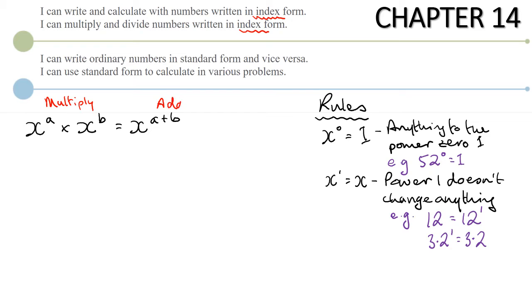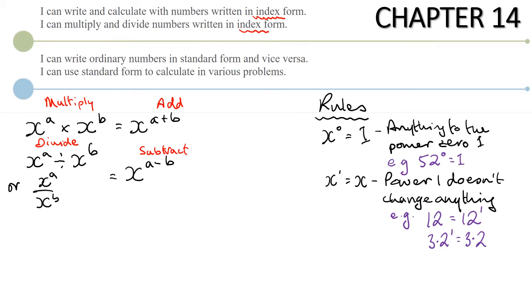If I've got two things and I'm dividing, written like this, or as a fraction, then we subtract the powers. Just be careful when you're subtracting negatives here, because the second power might be negative and you're subtracting a negative power. So here we divide and here we subtract.